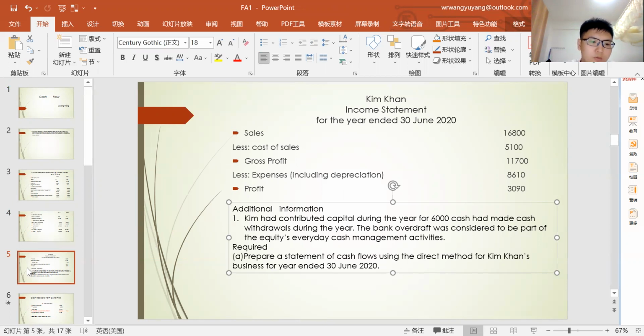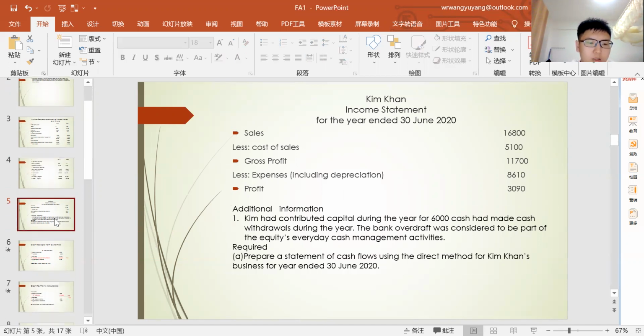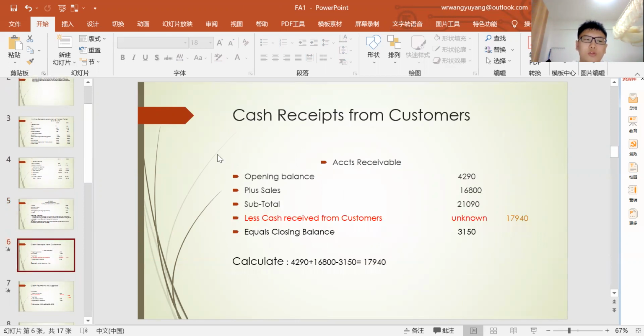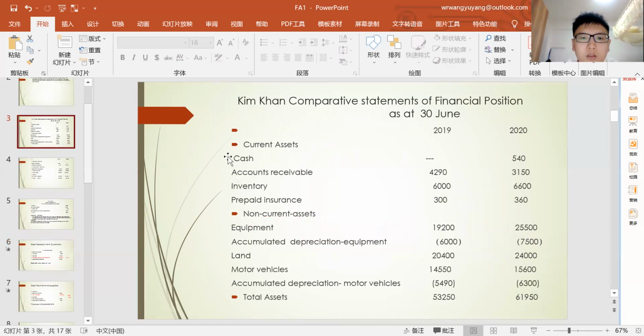Let's move on to the first step. In this case, we should calculate the cash receipts from customers. We can look at the accounts receivable data. The opening balance is 4290 and the closing balance is 3150.